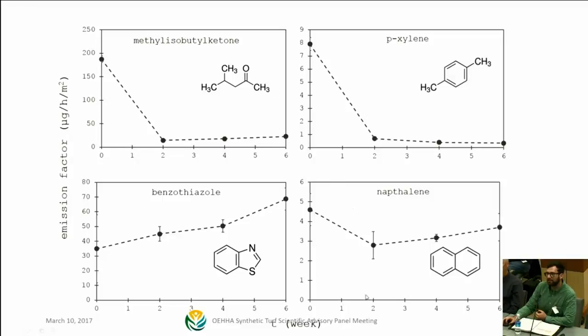For naphthalene, it seems to decrease a little bit, but then it remains the same. And for benzothiazole, based on the measurements that we have up until now, we can say that the concentrations increase.